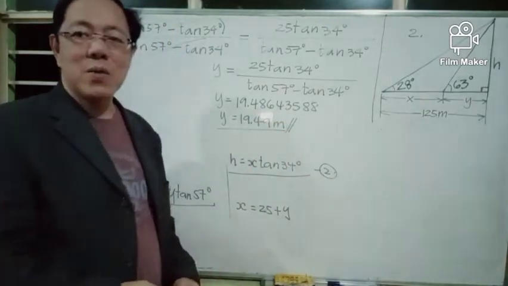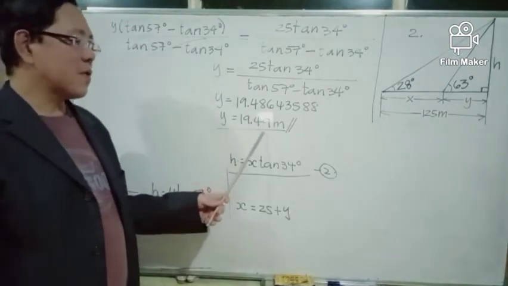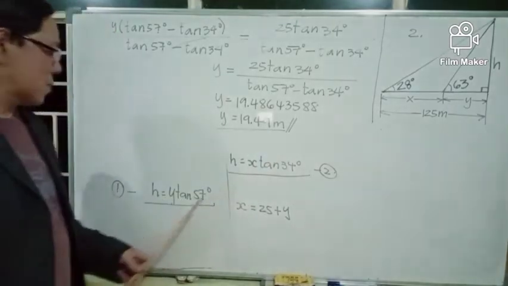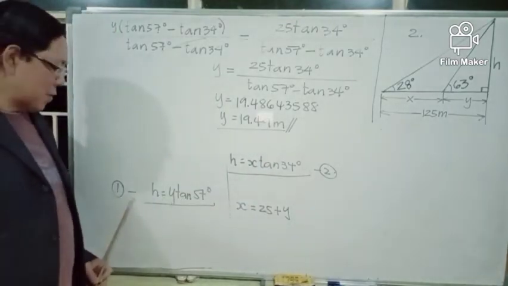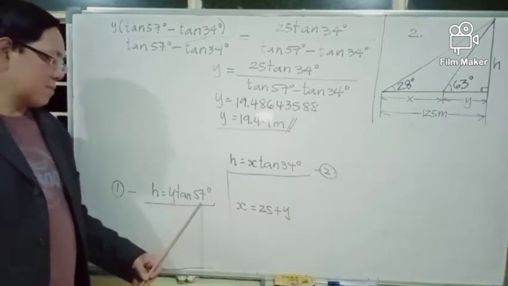We have found the value of one of the three variables, y, 19.49 meters, and we substitute this value of y into equation 1, where we have h equals y tangent of 57 degrees.